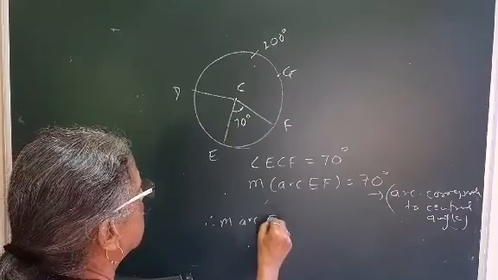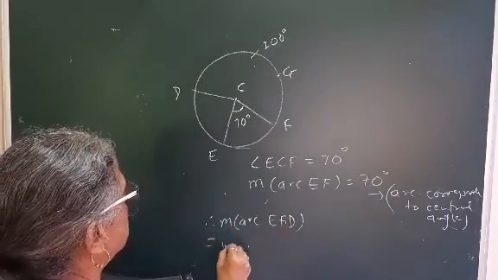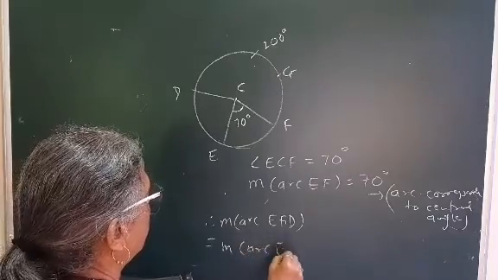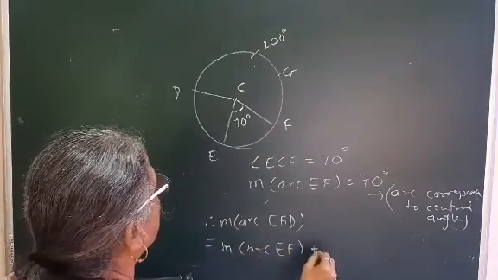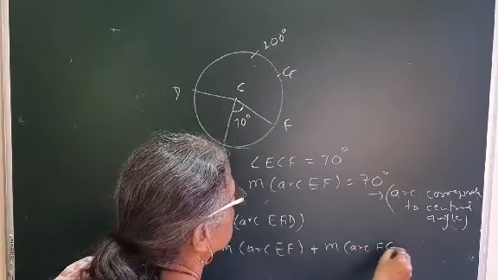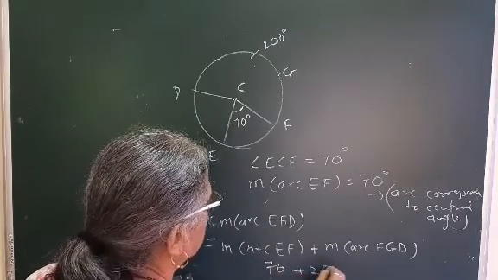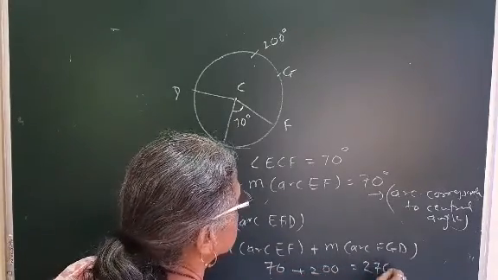So therefore major arc EFD is equal to major arc EF plus major arc FGD. So that is equal to 70 plus 200, that is 270 degrees.